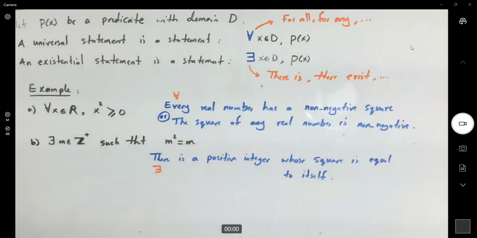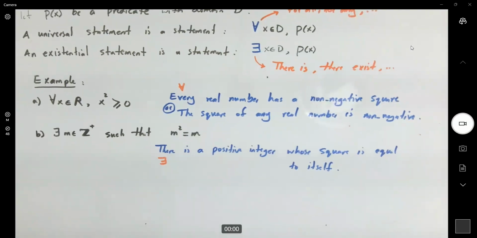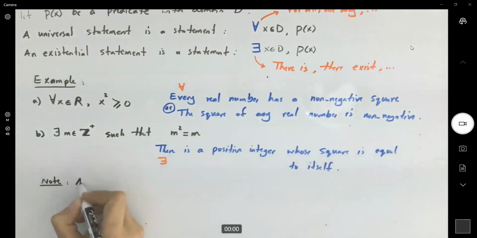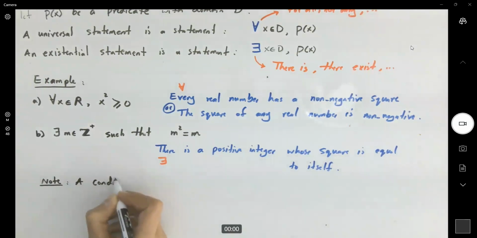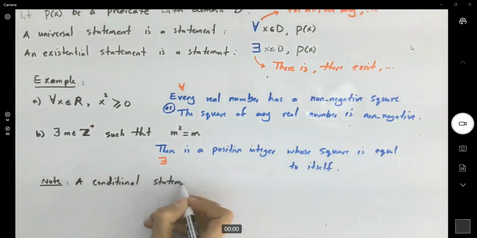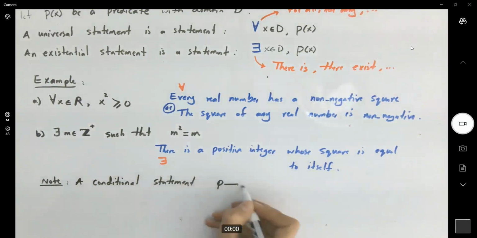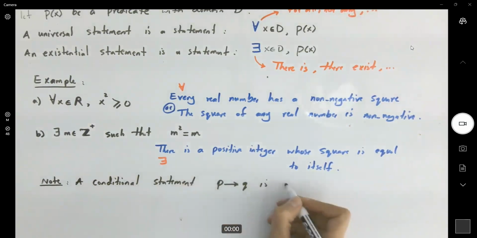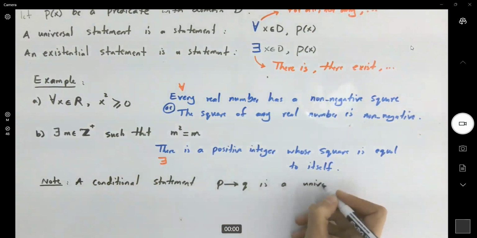Note that a conditional statement, P then Q, is a universal statement.